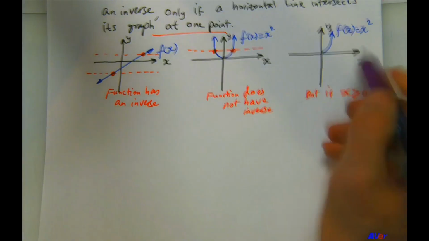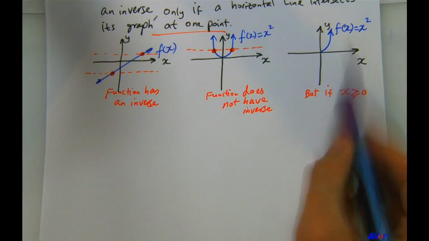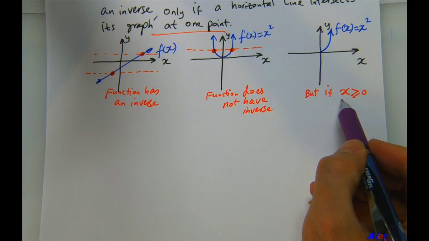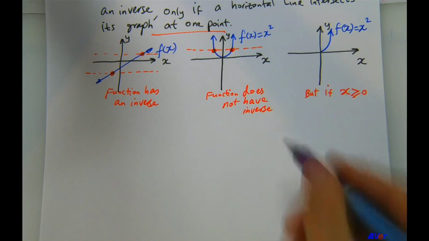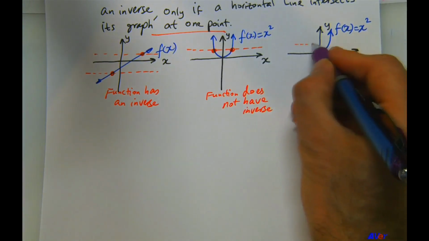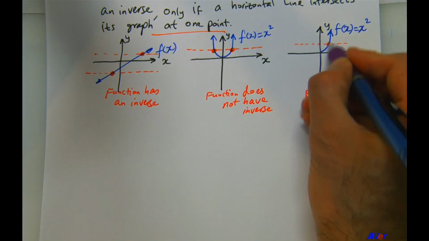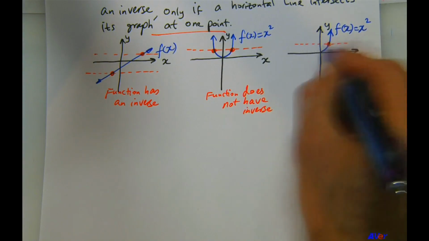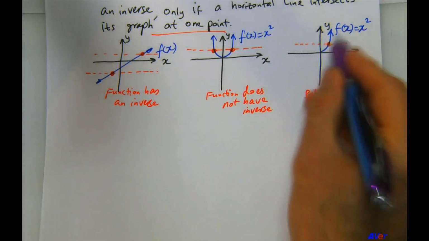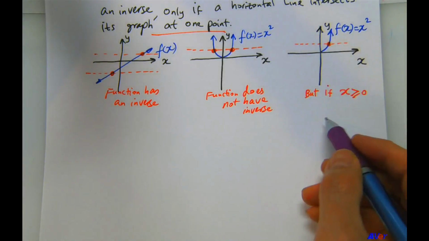Does this function with restricted domain have an inverse? The answer is yes, and it passes the horizontal line test. Any horizontal line will cut this piece of the graph at one point.